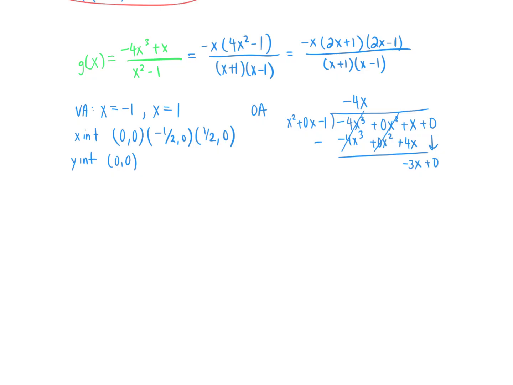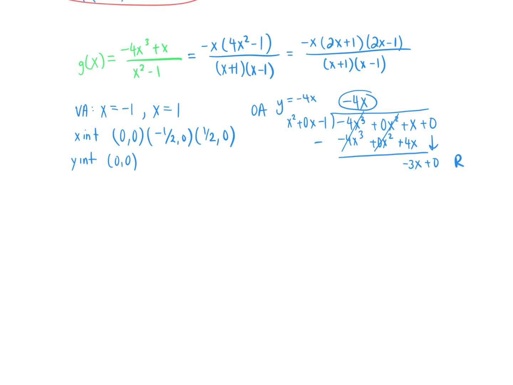Bring the 0 down. And then from here, I can't do anything else because I was doing a cubic divided by a quadratic. So anything else that I add, like if I do a constant, the constant times x squared is x squared, and I already canceled out my x squared. So what we're left with is our remainder, and our oblique asymptote is just y equals negative 4x.